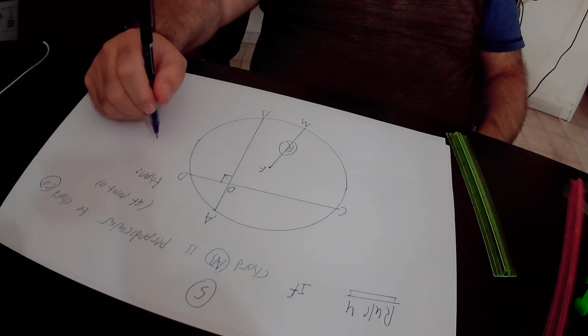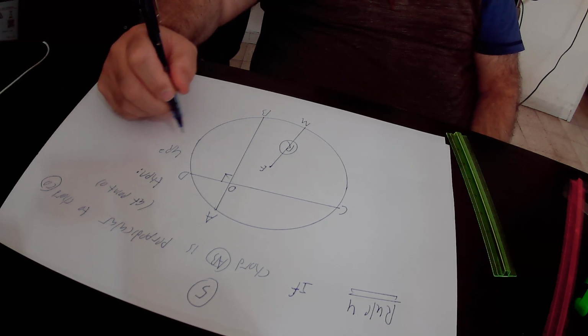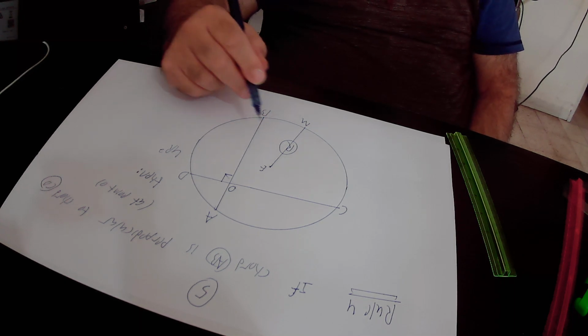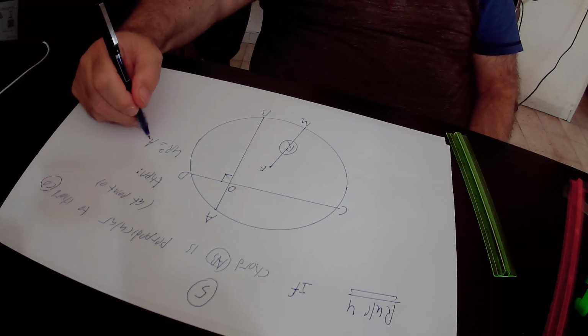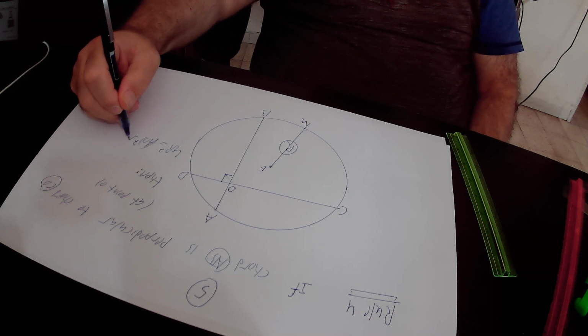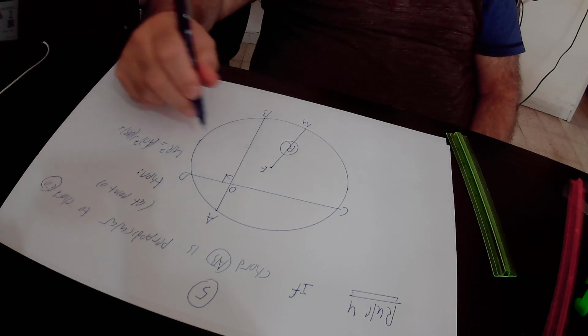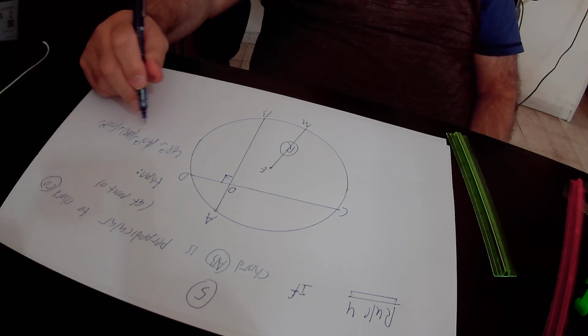The formula is as follows: 4R squared, where capital R is the radius of this circle, EM equals capital R, equals AO squared plus OB squared plus CO squared plus OD squared.